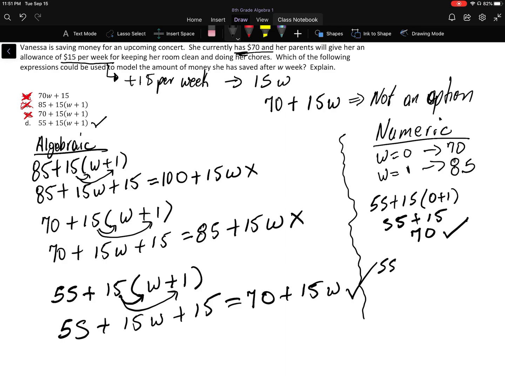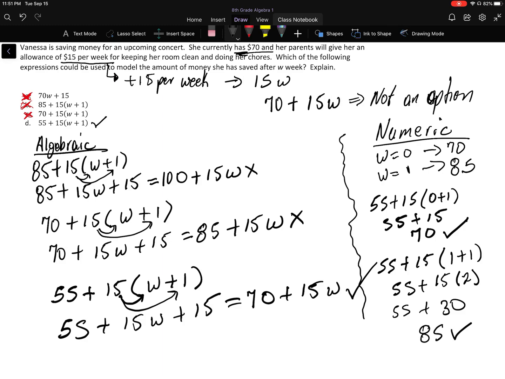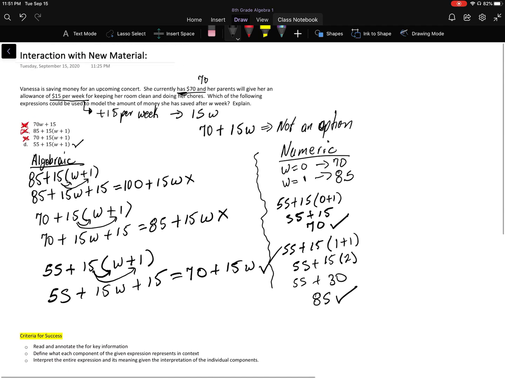Now we plug 1 in for W, because week is 1 in this one. So 15 times 2 is 30, plus 55. 55 plus 30 is 85. So after week 1, she should have $85, and our equation definitely checks.